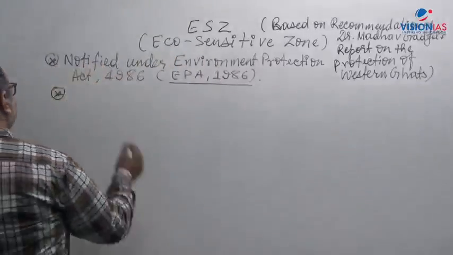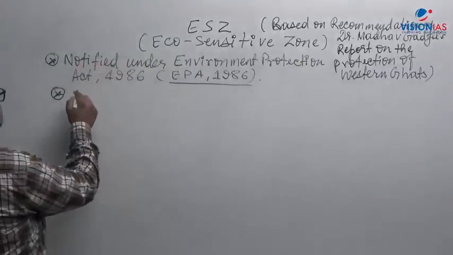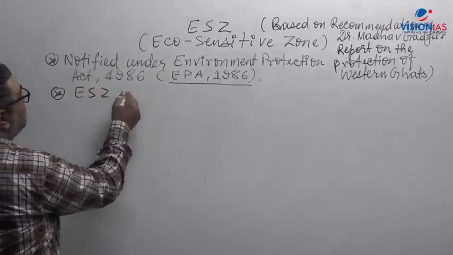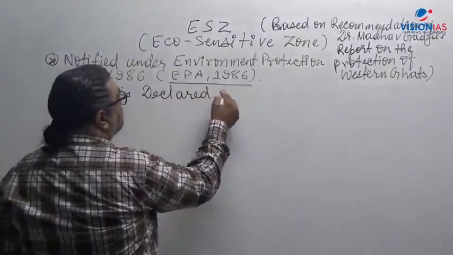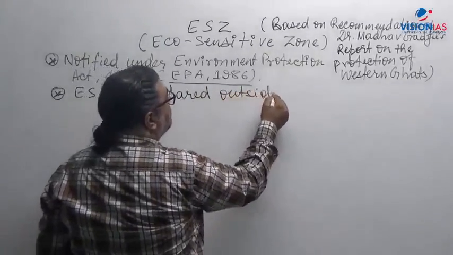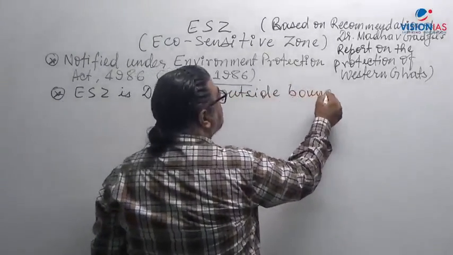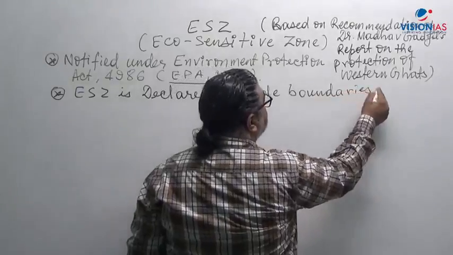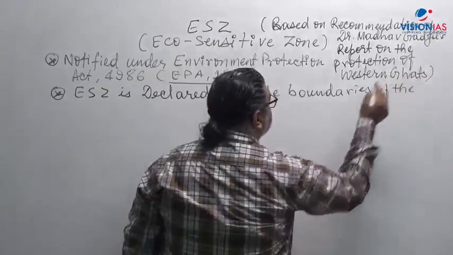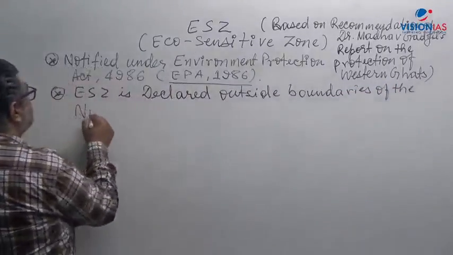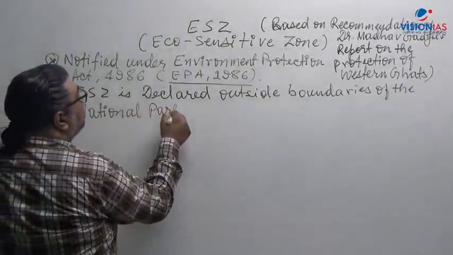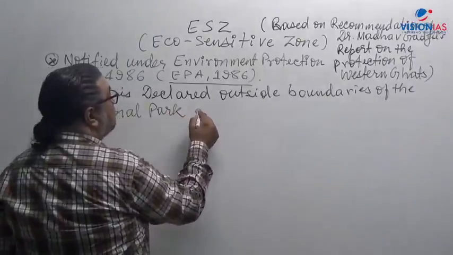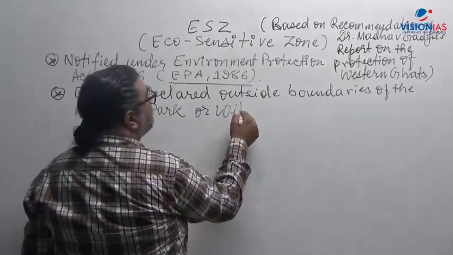Now let's come to where the ESZ is declared. ESZ is declared outside the boundaries of the national park, to give more protection, outside the boundary of a national park or wildlife sanctuary.